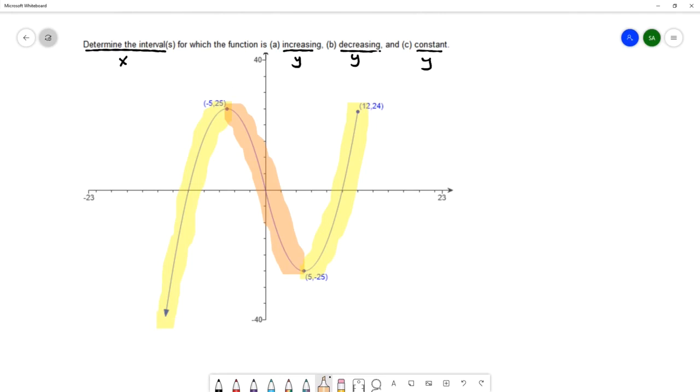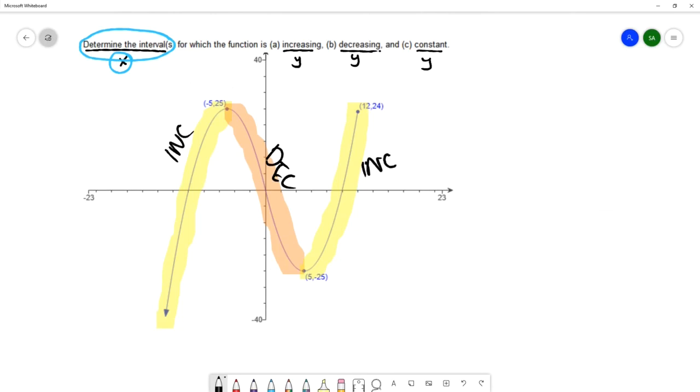And remember, what we want to do is write down the intervals for which it is increasing, decreasing, and constant, and those should be x intervals. So I should probably label this as increasing, decreasing, and increasing.